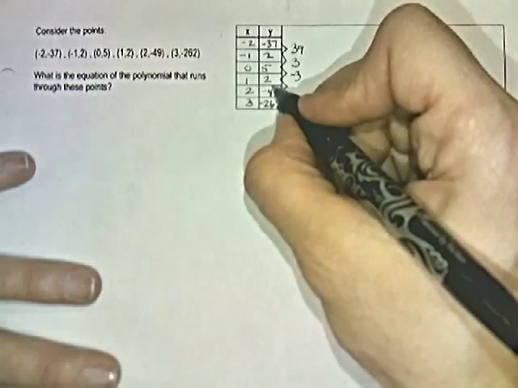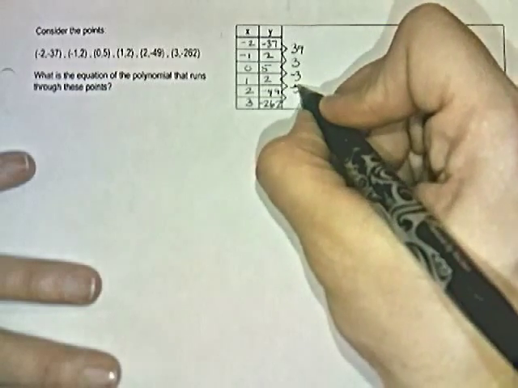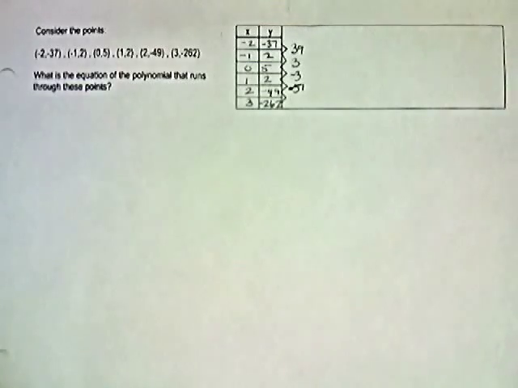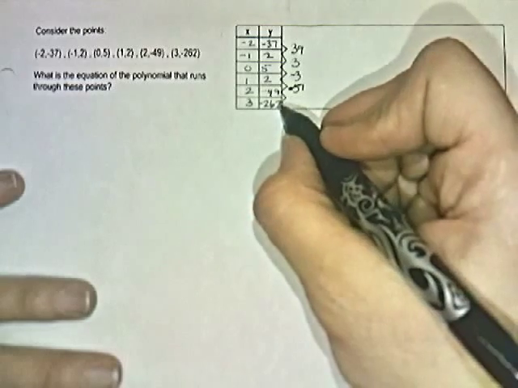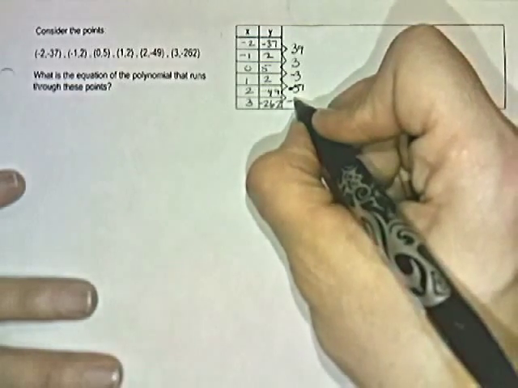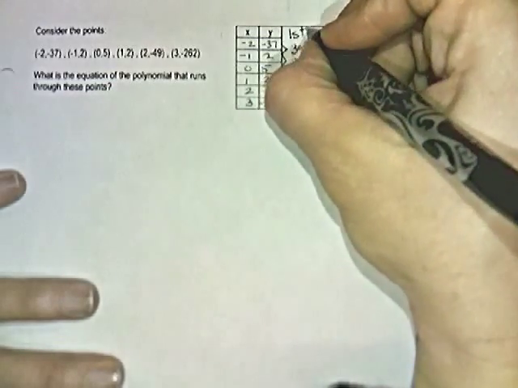I've gone down to 0 and then down to another 49, so I've gone down a total of 51, so a decrease. -51 is my difference between those 2 points. And then from a -49 to a -262, then we know that we've gone down -213.